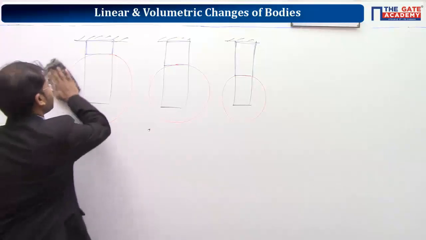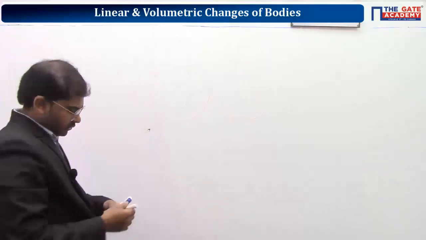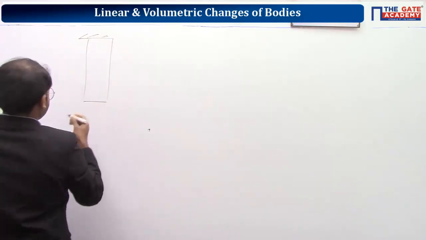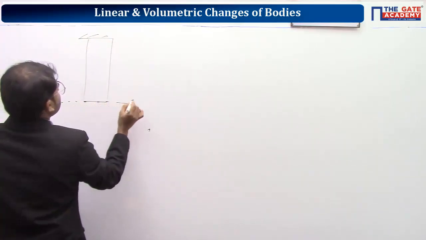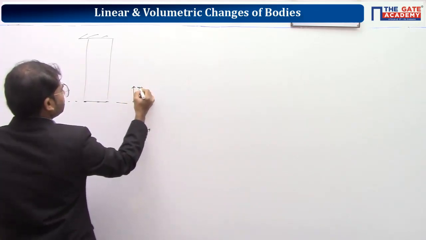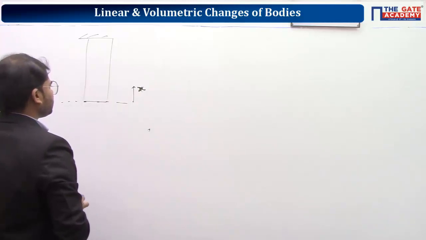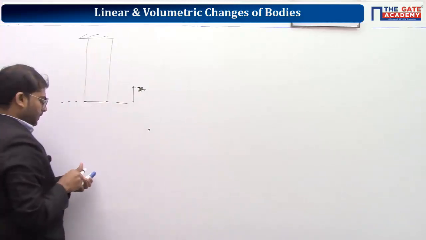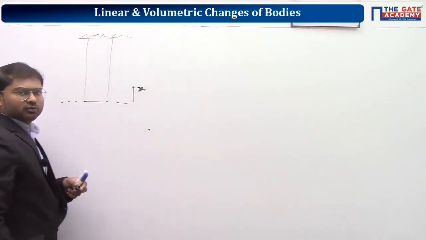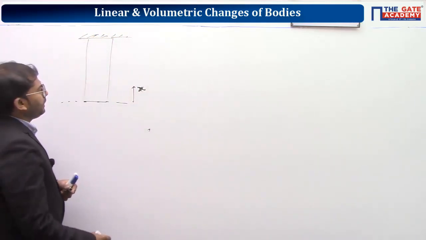I am rubbing this. It's not required to be copied. So I am taking the bar here. The bar is like this. I am assuming this is the origin and the positive x-axis is upward, just for simplicity.